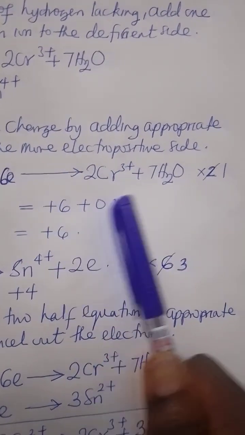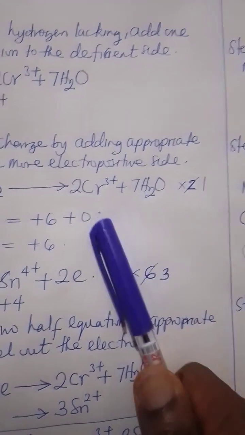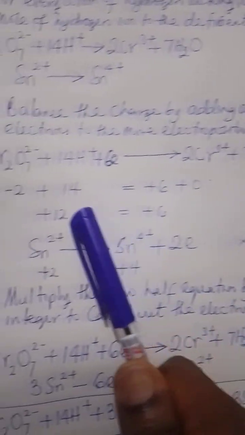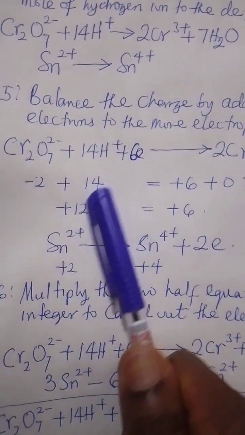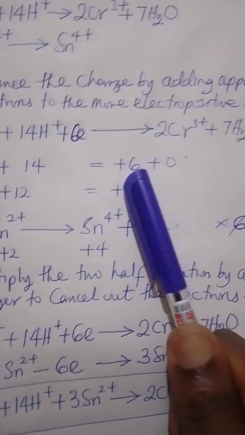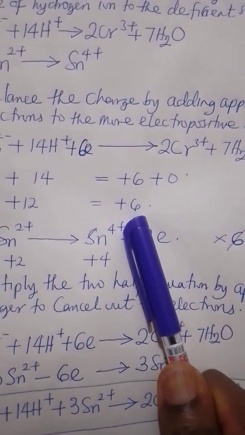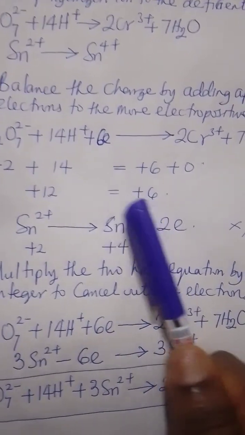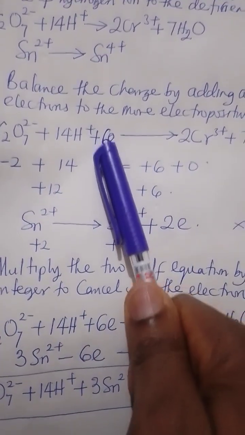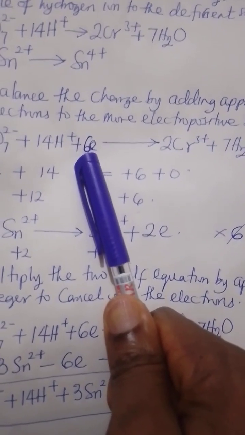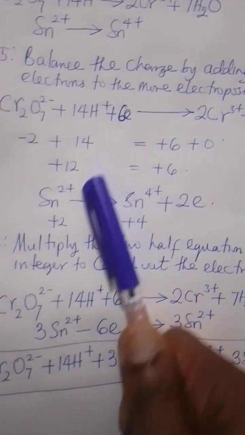This is not in the ionic state, so we take it as 0. By the time you resolve minus 2 plus 14, you have plus 12. And plus 6 plus 0, you have plus 6. So this is the more electropositive side, by 6, so we add 6 electrons to the more electropositive side.